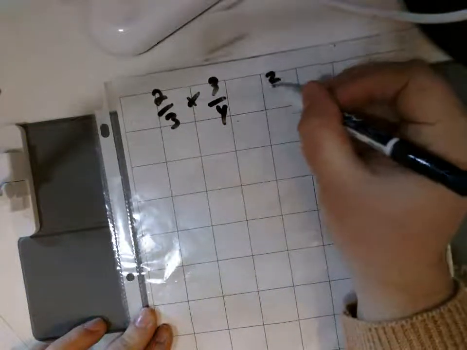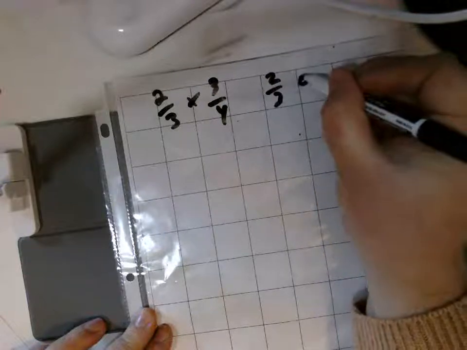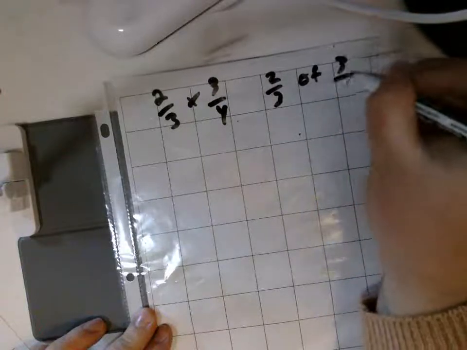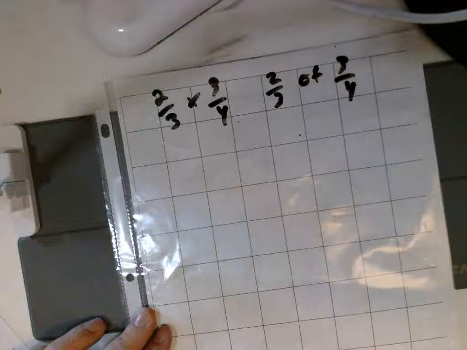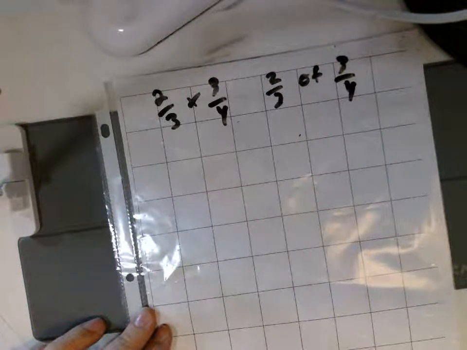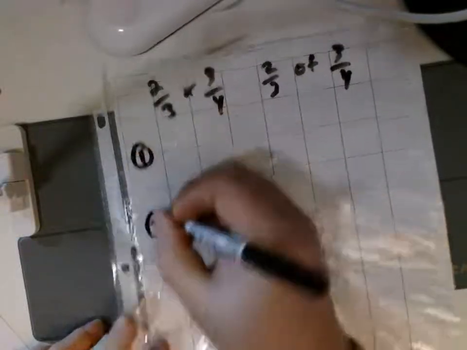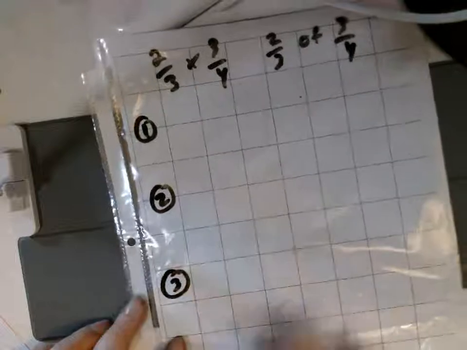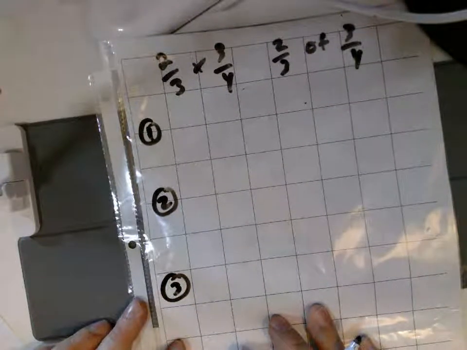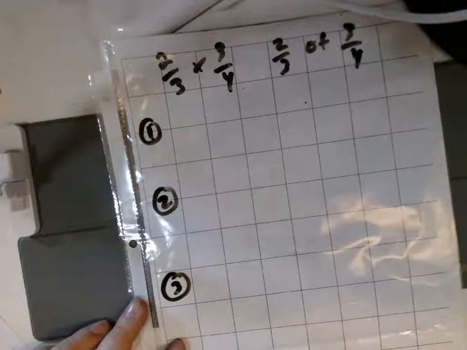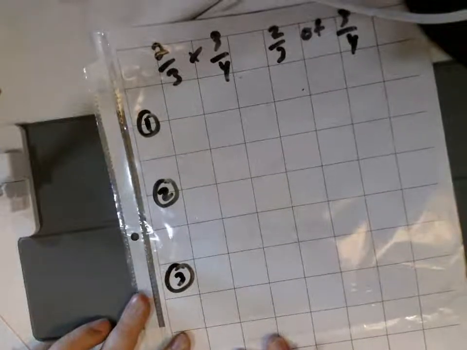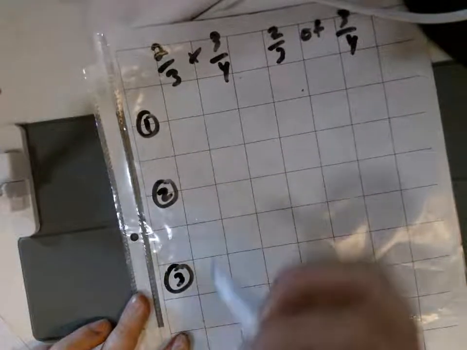We know 2/3 is really saying of 3/4. But there's another way that we can multiply. And I'm going to go ahead and do a few problems. I'm going to do 1, 2, 3 problems. And I want to see if you can tell me, what is the pattern here of all the problems that I do? What do you see?